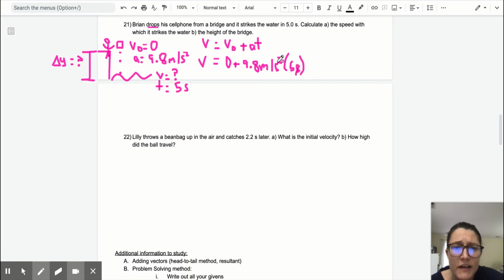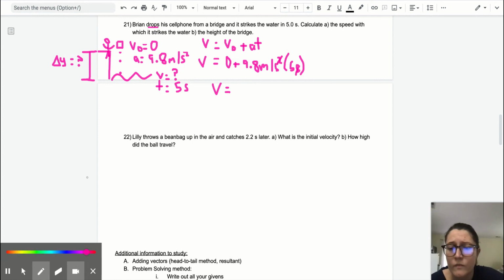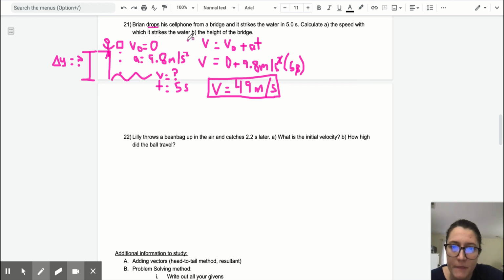We'll be left with just the units of meters per second, which is exactly what we expect. And we get a whopping 49 meters per second is the velocity of the phone when it hits the water. Yikes. Brian's phone's not going to recover from that fall.